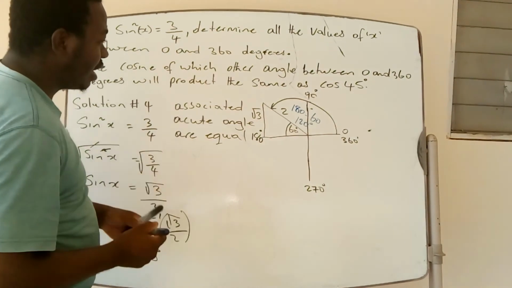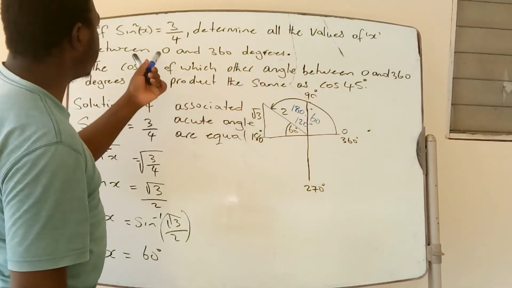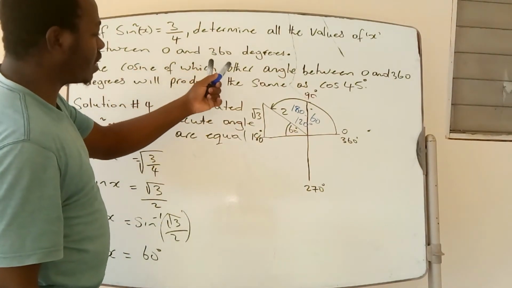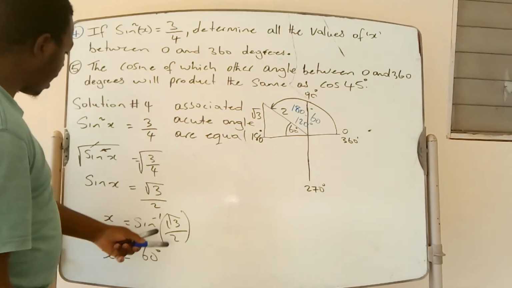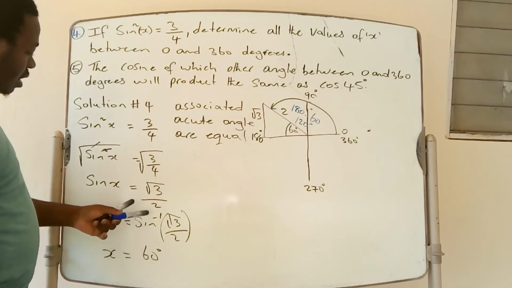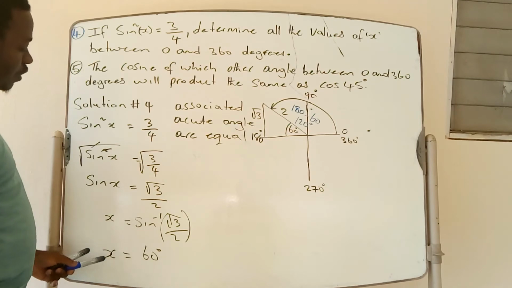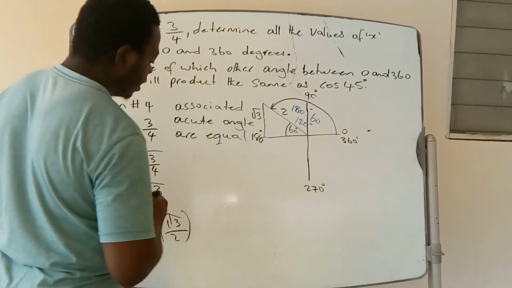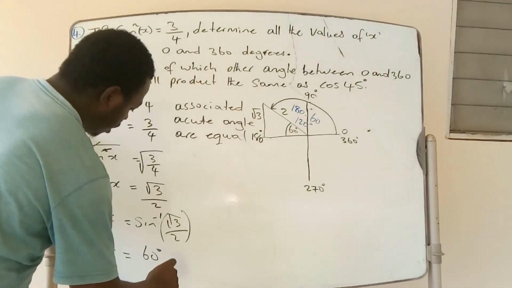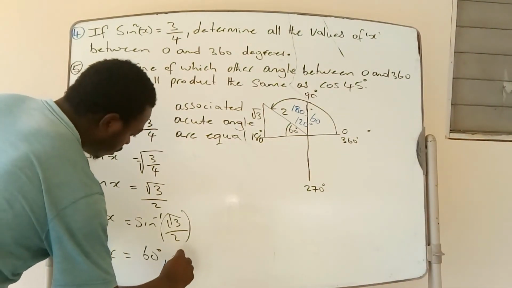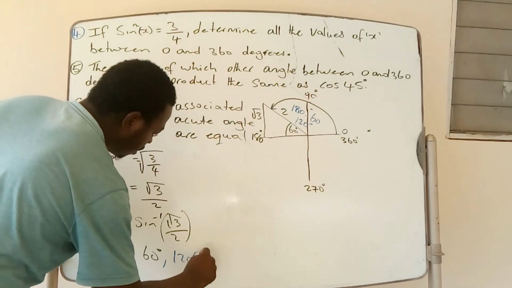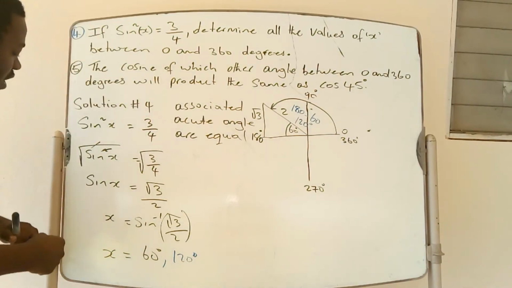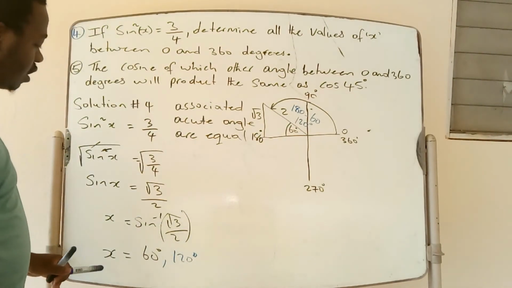So the other angle that falls between 0 and 360 that gives the same result as sine 60 here is 120 degrees. So here x is also equal to 120 degrees, right? And those are the two values of x.